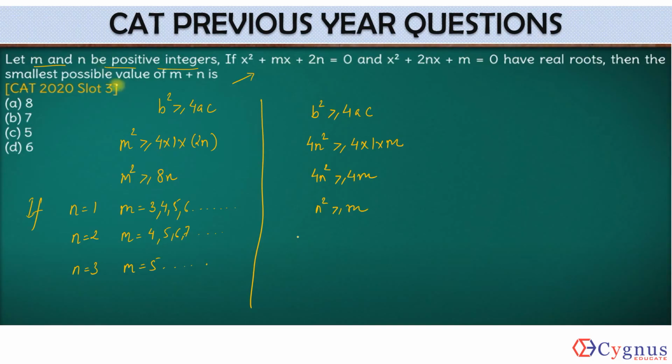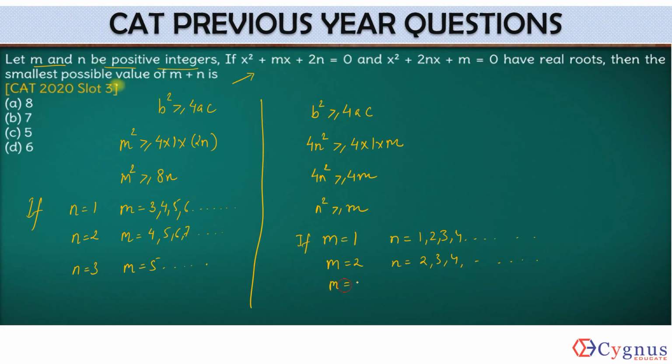How many possible values are there? Since both of them are positive, if m is equal to 1, n is either 1 or more than that. All these values will satisfy. What if I say m is equal to 2? n has to be either 2 or 3 or 4 and so on.